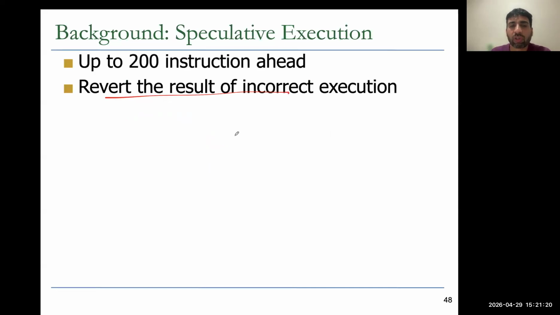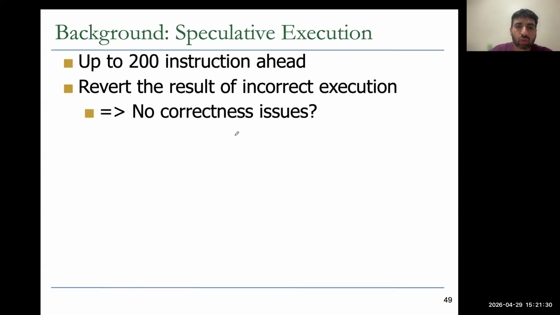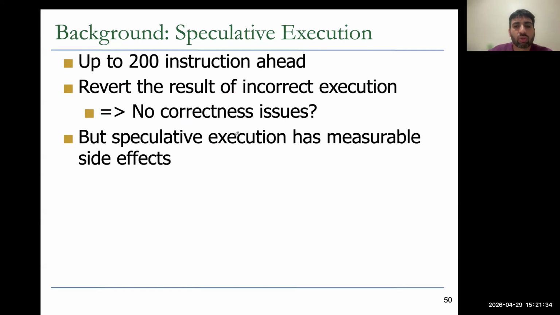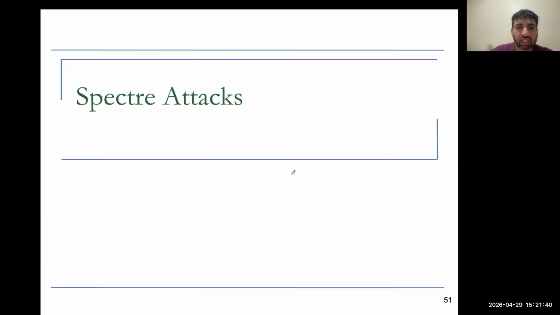If you remember from the first paper, when we were talking about the reorder buffer, we covered how the result of incorrect execution is reverted. So we don't end up having any correctness issue, but the problem is that speculative execution leaves behind some side effects which can then be exploited to launch attacks, right?